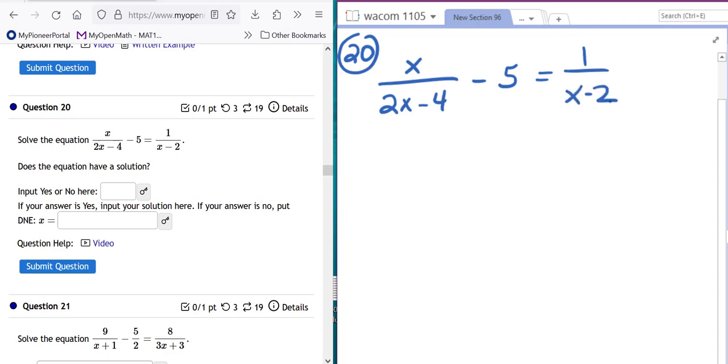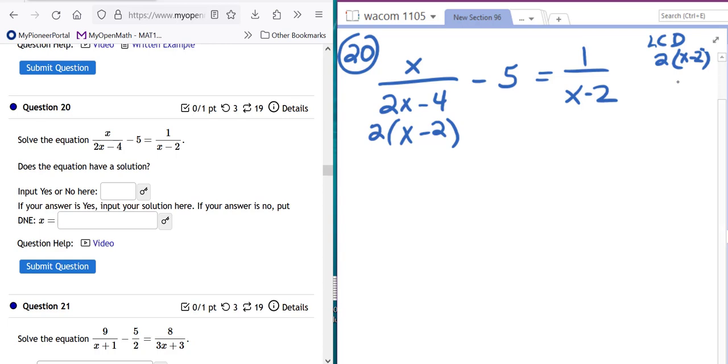So the first job is to factor so you can see the denominators. So this will be a 2 times x minus 2. All right, so for our common denominator, we're going to need a 2 and an x minus 2. You only need the x minus 2 once because they come from separate fractions. All right, so that's what we're going to multiply by.